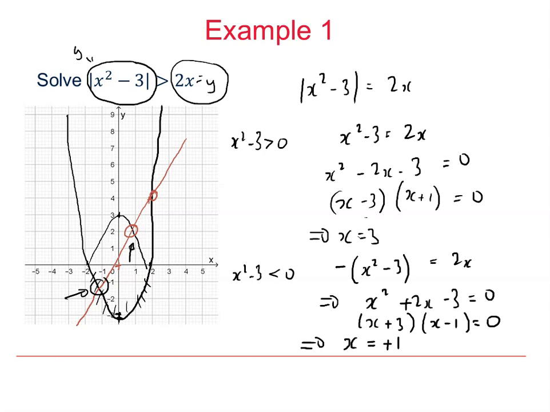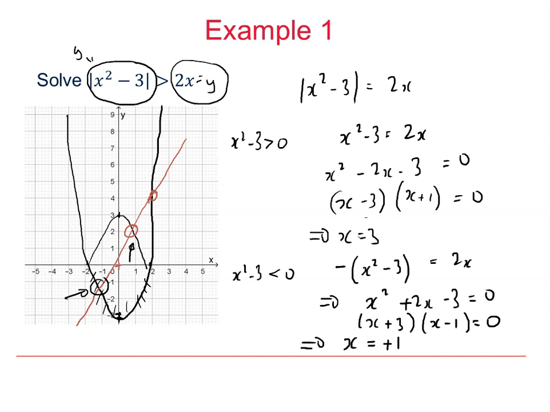Now we want to solve our inequality, and from the graph we can see that if we want the modulus of x squared minus 3 to be greater than 2x, we need the black line, the one which is the modulus, above the red one.